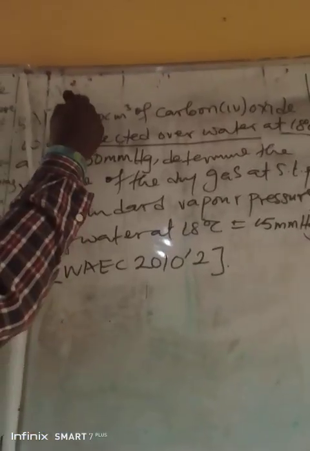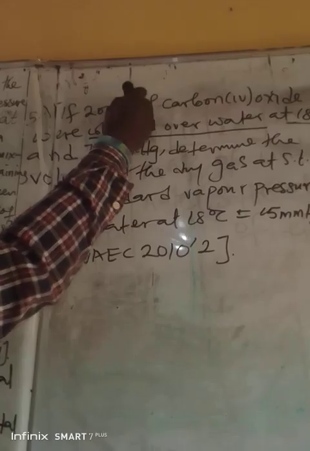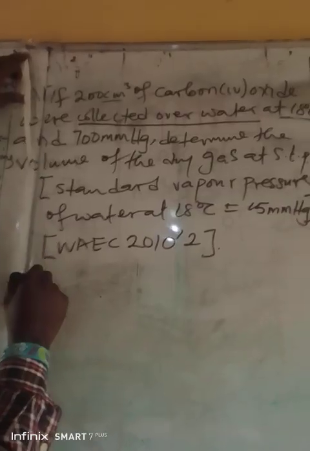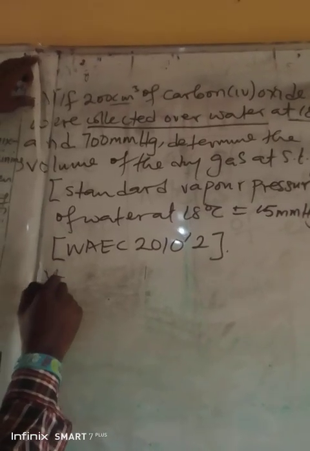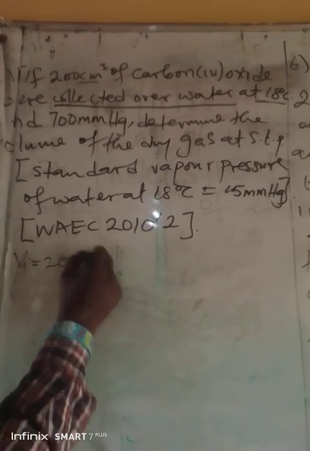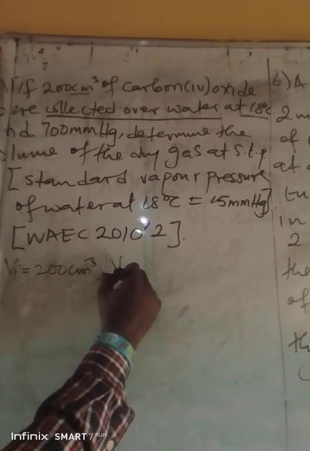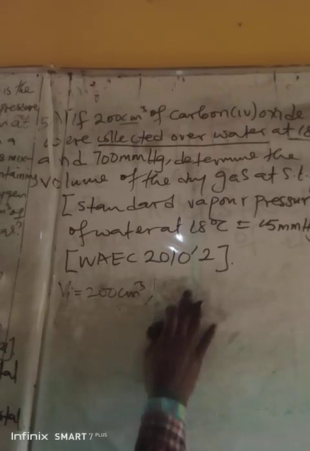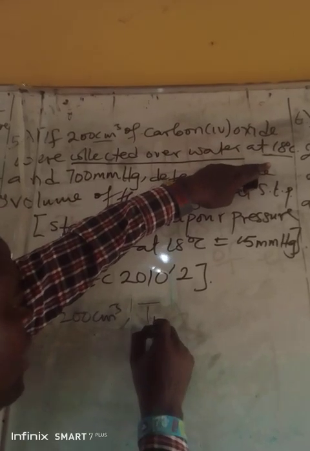Okay, let's write out our parameters. Any number that is carrying centimeter cube in front is a volume. But because we meet it first, we write it as V1. V1 is 200 cm cube. Now, what is V2? That's what they say we should find. Before that, the carbon(IV) oxide was collected over water at a temperature, T1, because we meet it first.